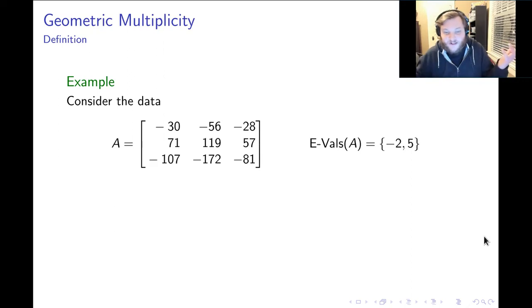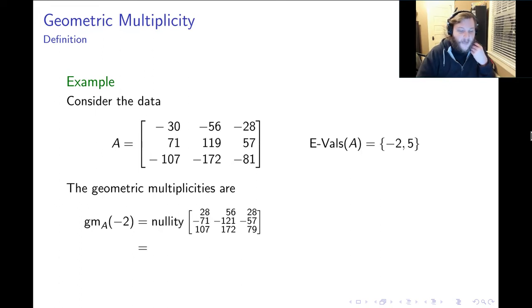Let's do another example just to illustrate the point. Here we have another 3x3 matrix A, and someone is telling us that the eigenvalues of this matrix are -2 and 5. So this is a particular matrix, and I happen to know that this matrix has exactly 2 eigenvalues, lambda equals -2 and lambda equals 5. How do I figure out the geometric multiplicities of these eigenvalues? Well, what I need to do is look at the nullity of the associated characteristic matrix.